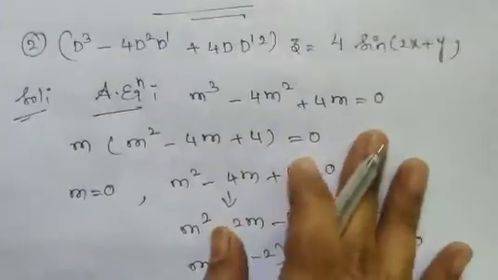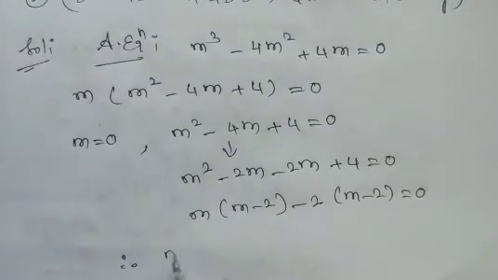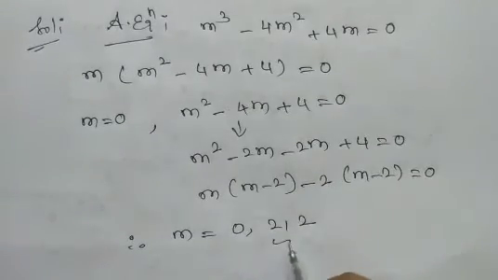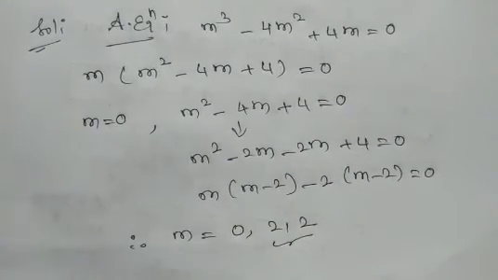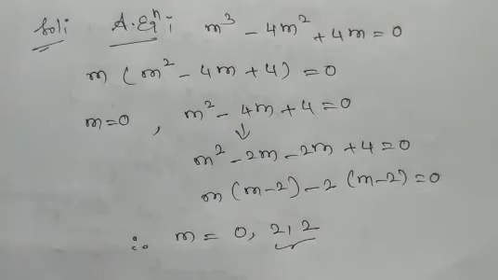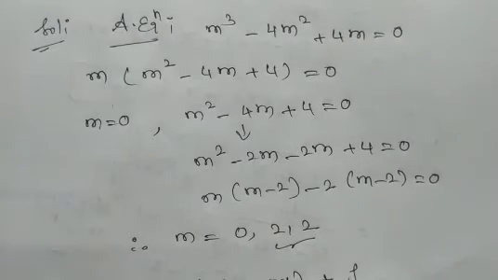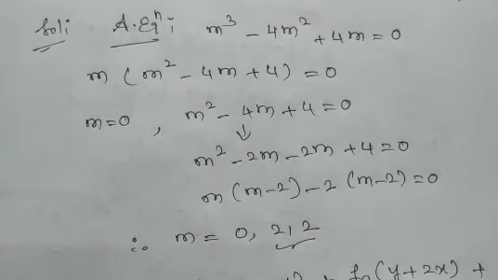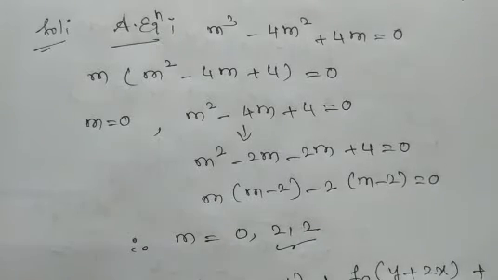So therefore roots are here m equal to 0, 2, 2. So the complementary function, that is y equal to f1 of y plus 0x plus f2 of y plus 2x plus x into f3 of y plus 2x.